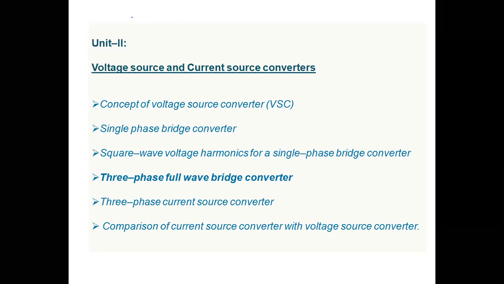In these we also have triplet harmonics, that is 3, 9, which are 3 into something: 3 into 1, 3 into 2, so 3, 6, 9, and so on, 3 into multiples. They are called the triplet harmonics. They have specific significance, which we'll also see in this three-phase bridge converter.